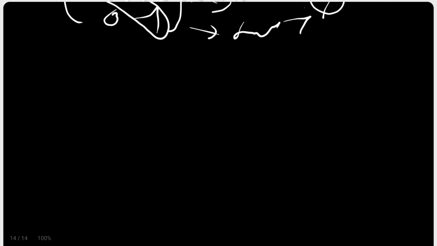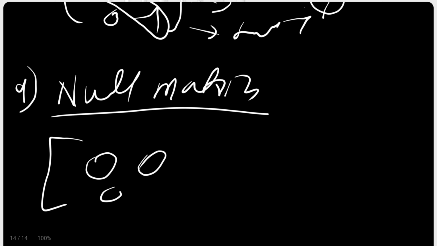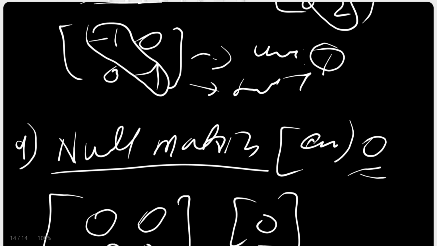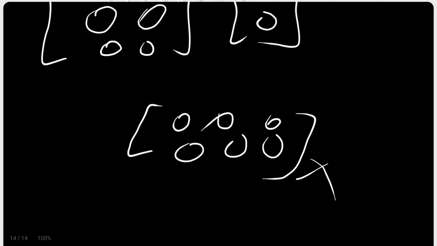So there is also the null matrix, which is our ninth type. Null matrix means it is totally 0, empty. Suppose all the elements are 0. If it is not a square, then you cannot say.